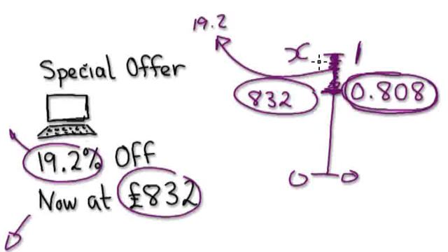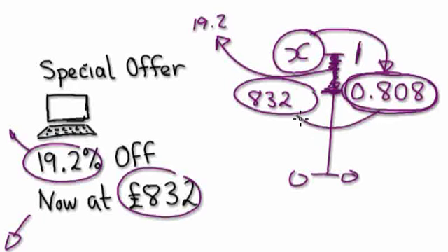Now think inside your mind. After drawing this diagram, you have to think: get the original, you would times this to give you this. Now write that down into an equation.